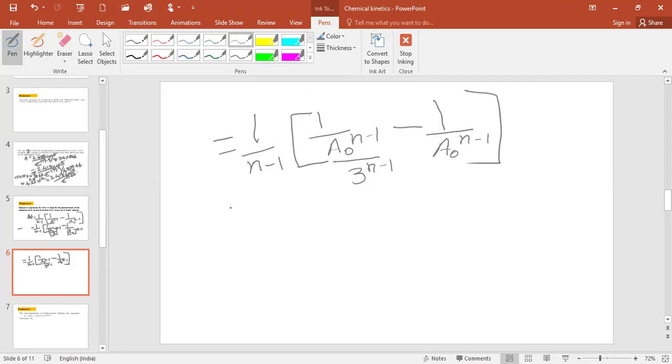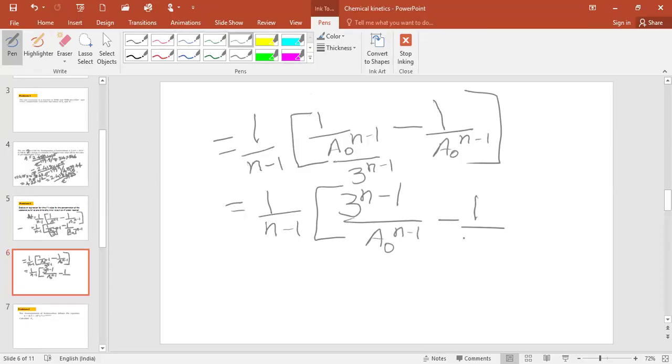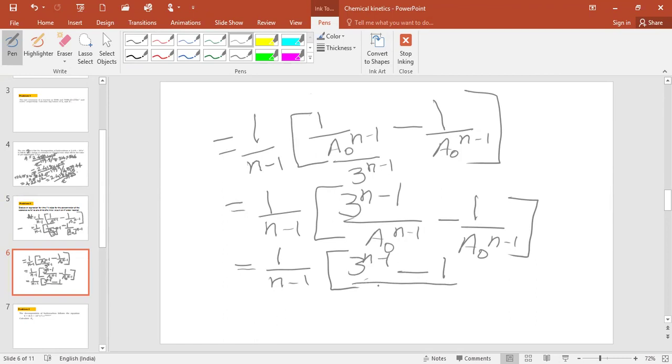Now I can rewrite this as 1 by n minus 1 into 3 to the power n minus 1 minus 1 divided by a0 to the power n minus 1, since both terms have a common factor.